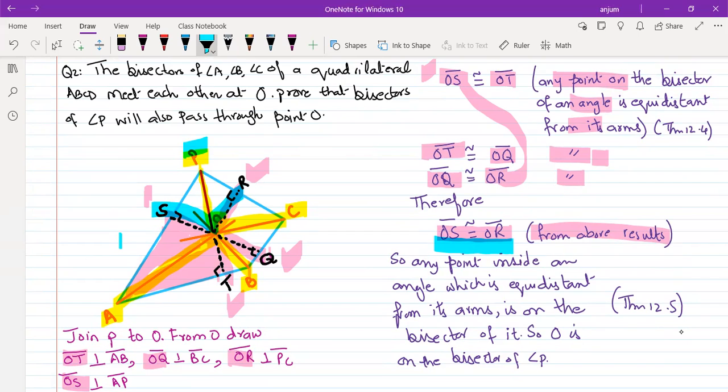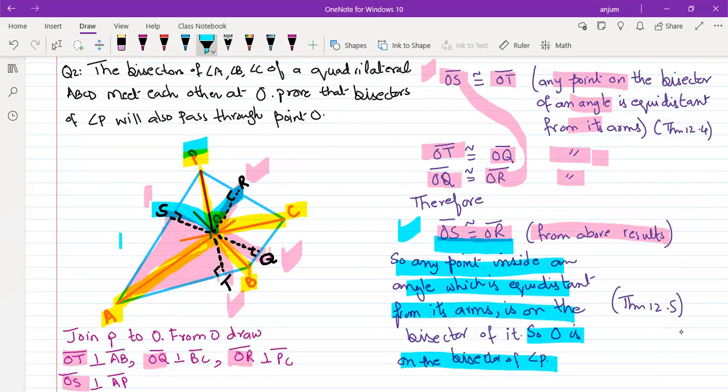Because OS is congruent to OR, O is on the bisector of angle P. So it is proved, and we are using theorem 12.5 as the reason for this statement.